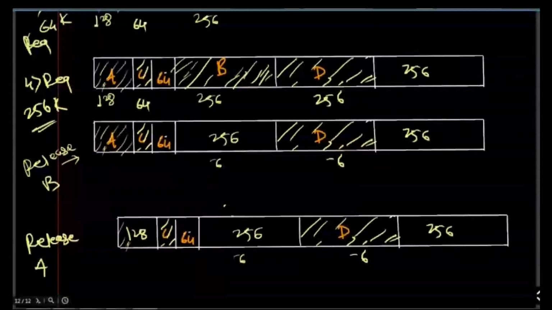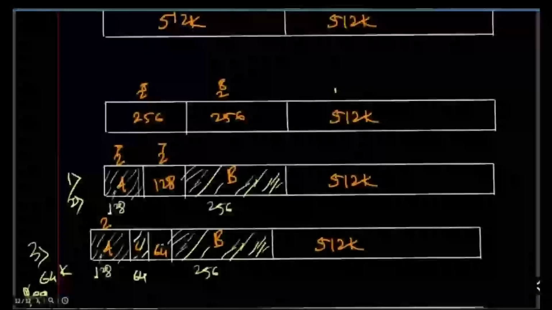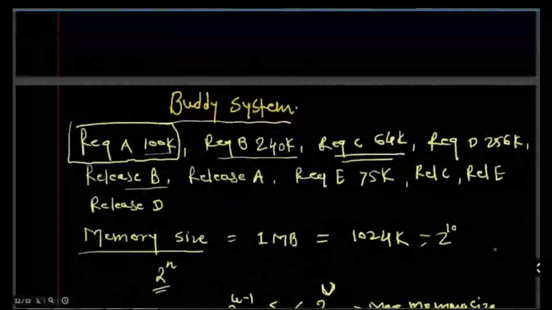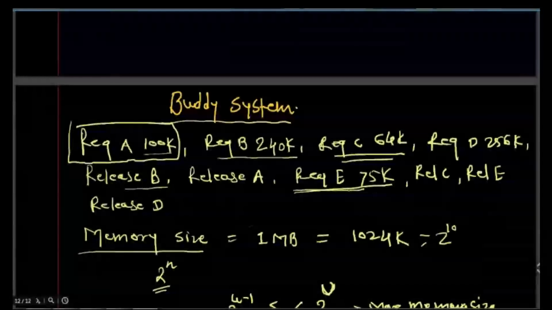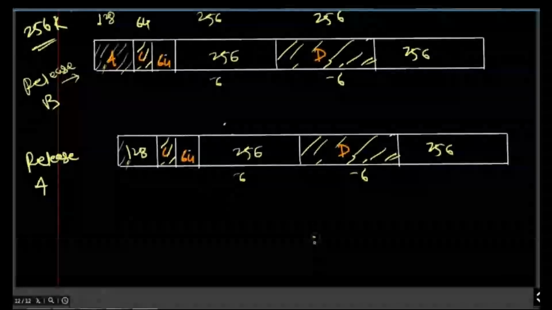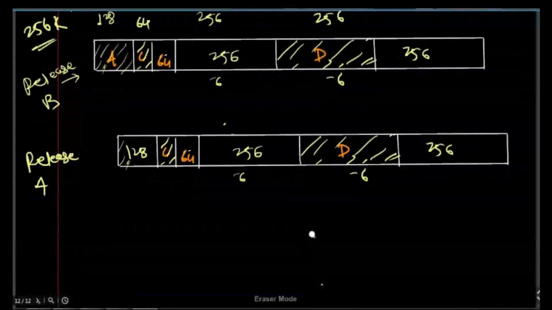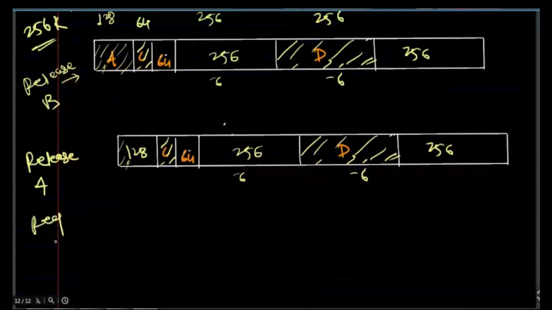After release A, which process do we want to release? Sorry, it is not release, it is request E. The next request we have to process is request E for 75K.